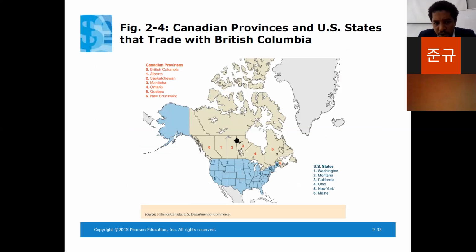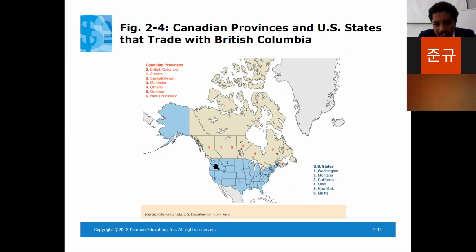You can see here, in the north is Canada, and the blue one is the US, right? For example, Montana and this one, these are US states and these are Canadian provinces. Alberta and Washington are very close to each other, right?